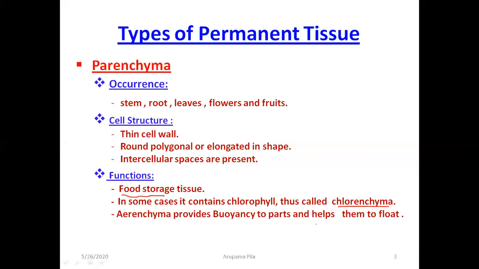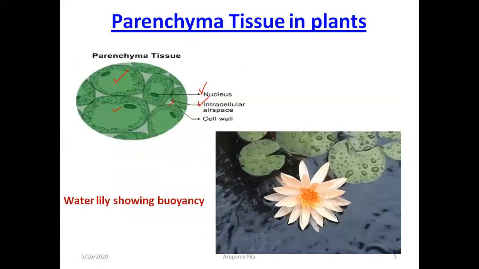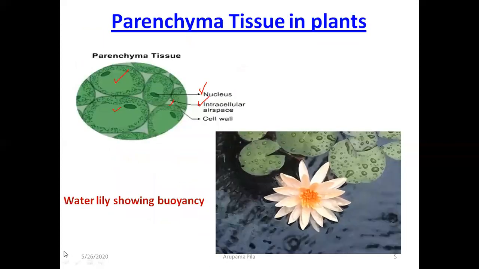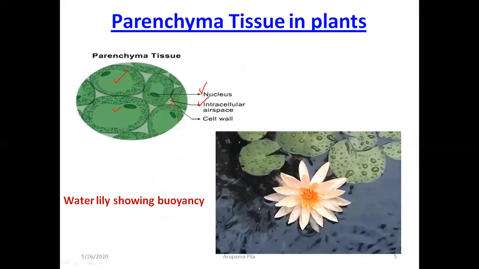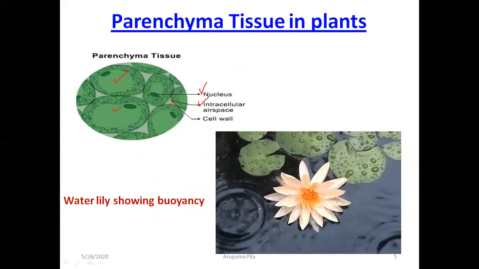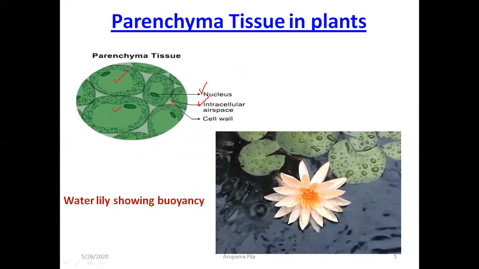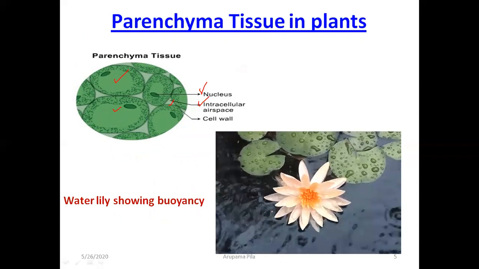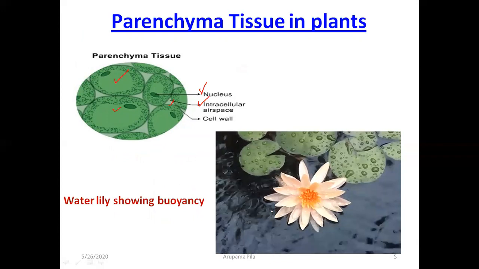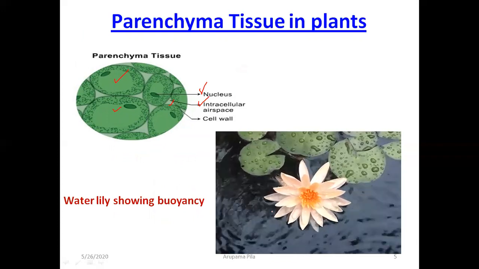So here I'll show you how the water lily floats in this water. You must be thinking how water lily, lotus, and all these aquatic plants float on the water.